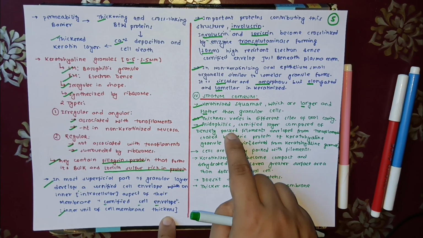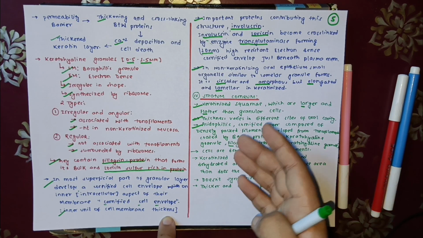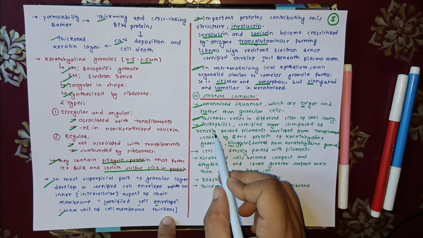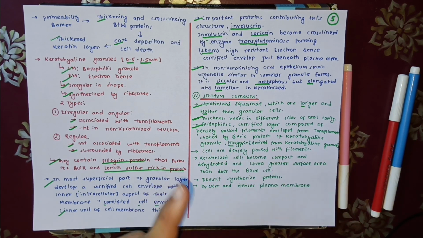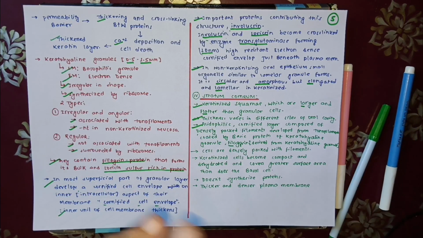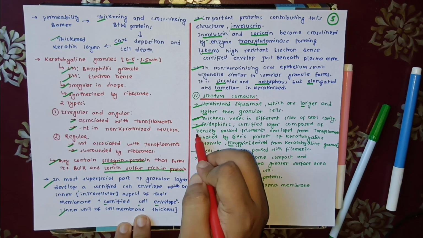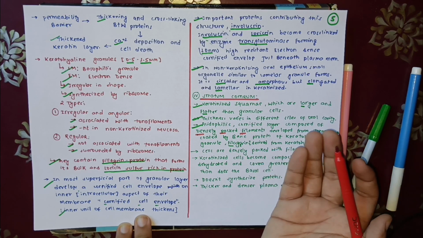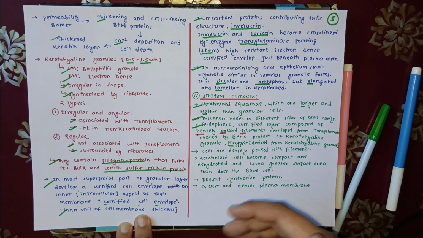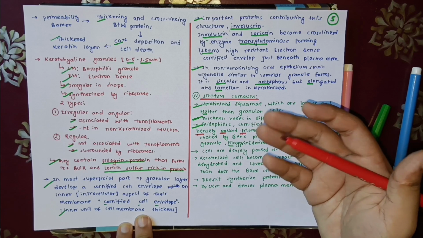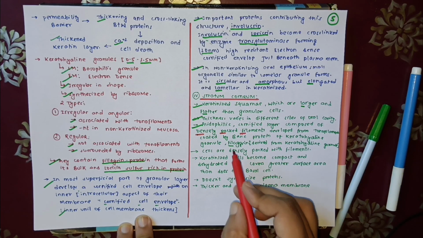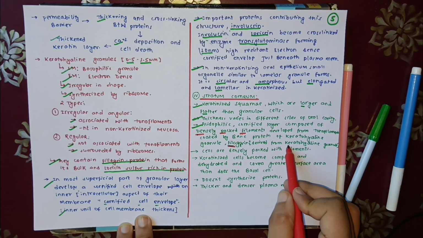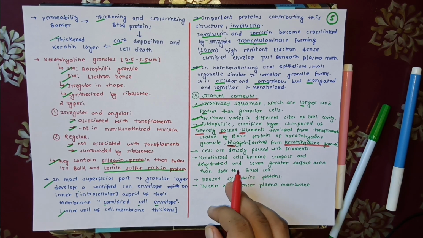And as this stratum corneum is acidophilic, in this layer we also have densely packed filaments. Those filaments are derived from the tonofilaments, and they are coated with basic proteins, and those basic proteins are the filaggrin proteins, derived from the keratohyalin granules.